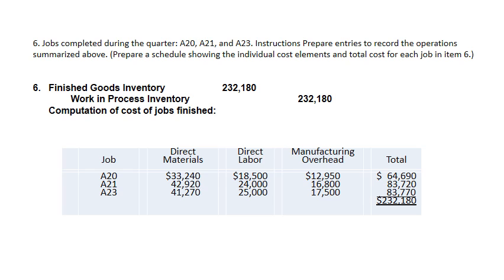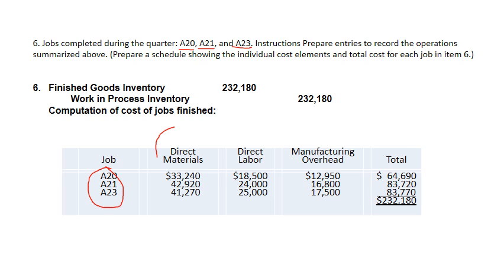So they ask you to move the cost of the jobs for A20, A21, and A23 to finished goods. So before you can do that, you need to figure out what the ending cost is for those jobs. So for those 3 jobs, we need to go back and look at the requisitions sheet.